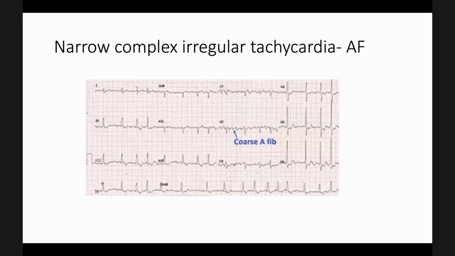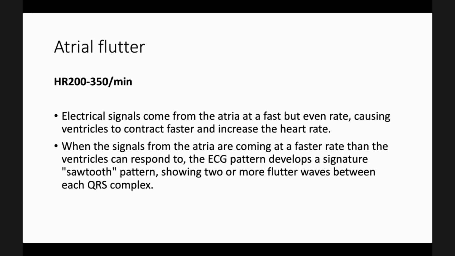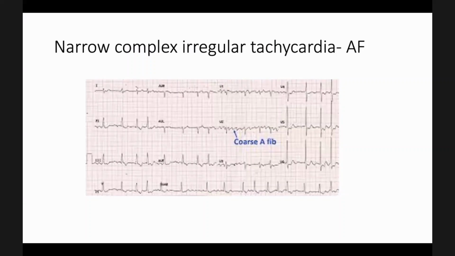When giving a bolus of amiodarone, you don't give it quickly like adenosine. You give it very slowly, over 20 minutes, and after that you give an infusion over 24 hours as a maintenance dose.